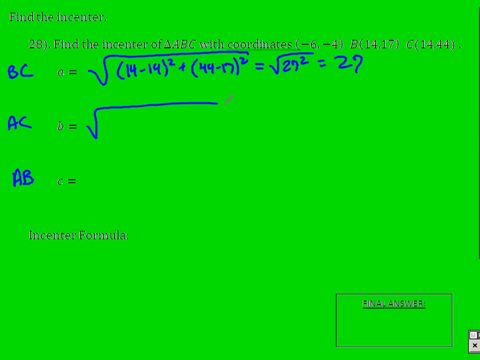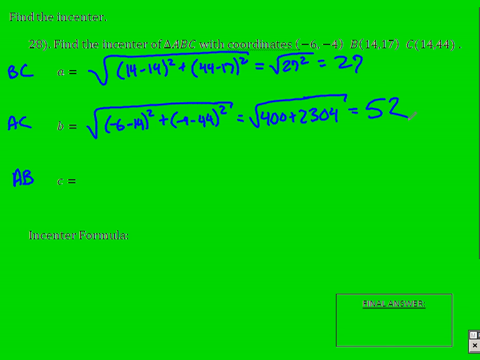For B, I look at points A and C. So I should have negative 6 minus 14 squared plus negative 4 minus 44 squared. When I simplify that, I should get that this is 400 because this becomes 20 squared, and this other one is 2304. When I add those up and take the square root, I should get 52.